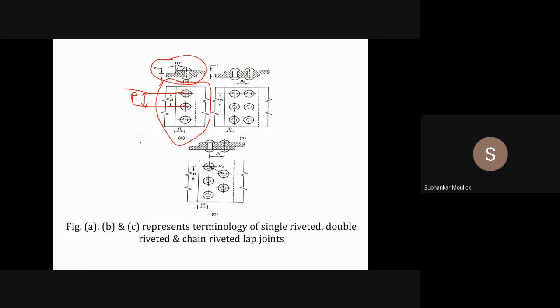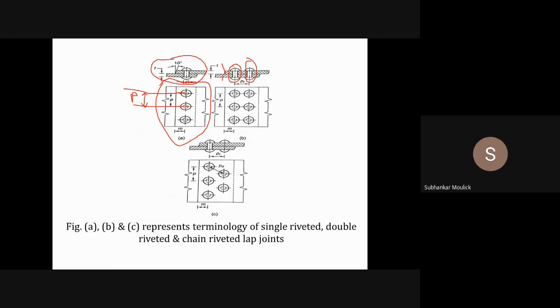If I talk about the double riveted joint, then see, this is a rivet. This is a double riveted lap joint. This is the second rivet. In order to join plate A with plate B by a rivet joint, you have drilled some holes in the plates.